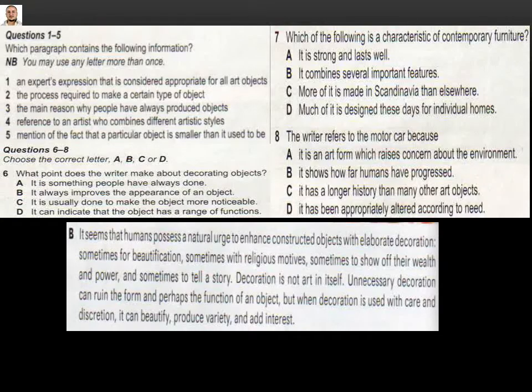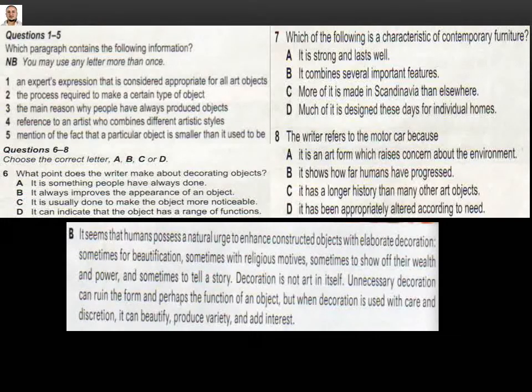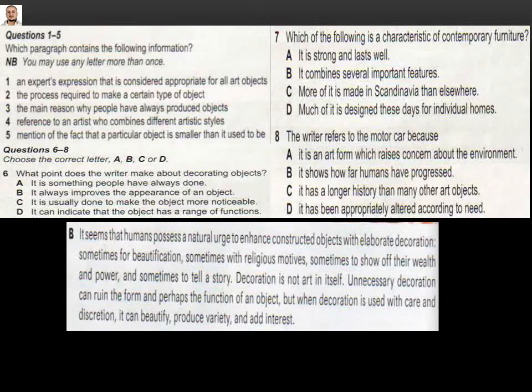B. It seems that humans possess a natural urge to enhance constructed objects with elaborate decoration, sometimes for beautification, sometimes with religious motives, sometimes to show off their wealth and power, and sometimes to tell a story.